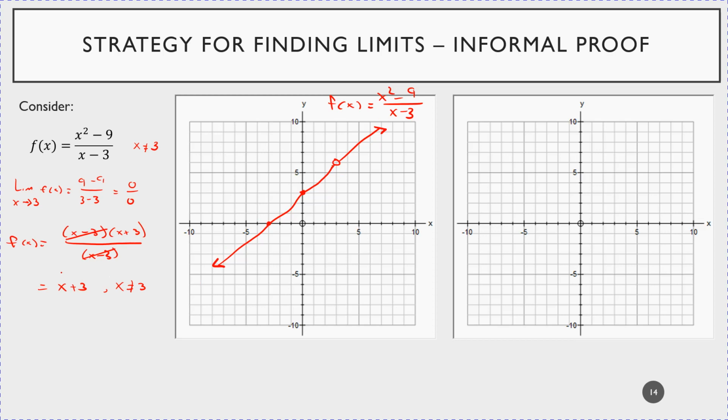So look, if we sketch the graph of some new function, this canceled out method of just x plus 3, we would see that these two graphs are exactly the same, except at one point. So they agree at all but one point.